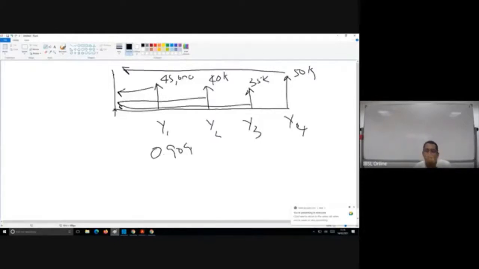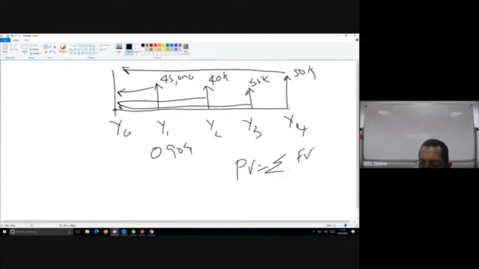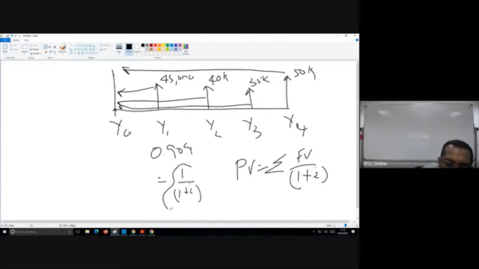So what you are doing is you have cash flows of project A. You bring all the cash flows to today's value, year 0. Present value equals sum of future value divided by 1 plus I to the power n, which is the discounting factor, into future value.